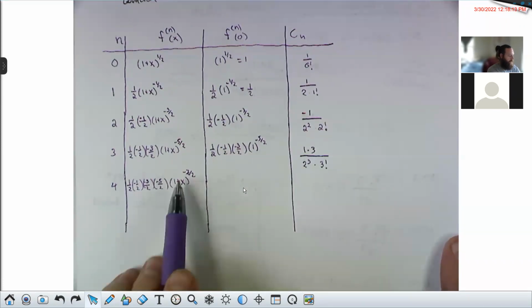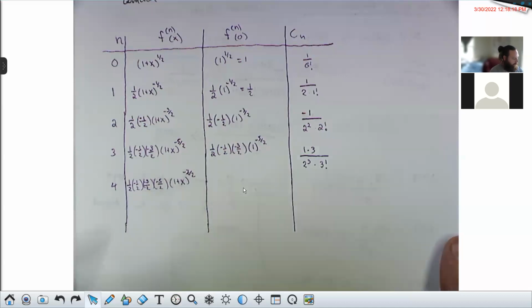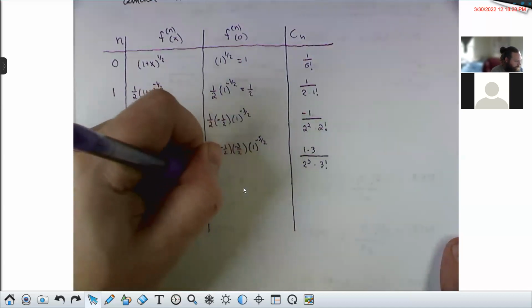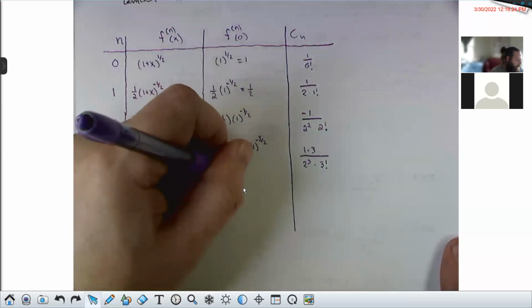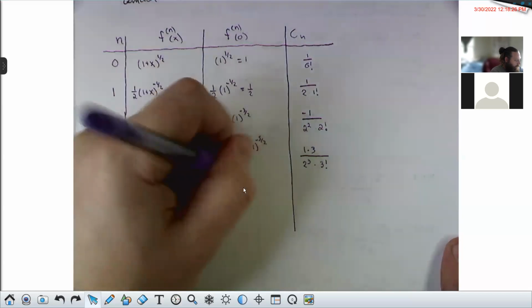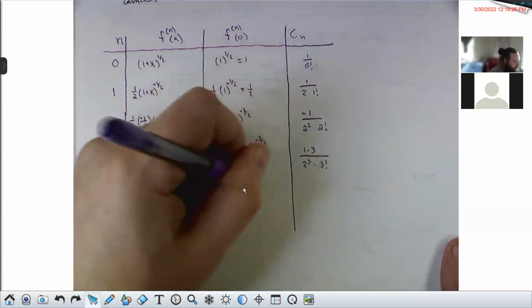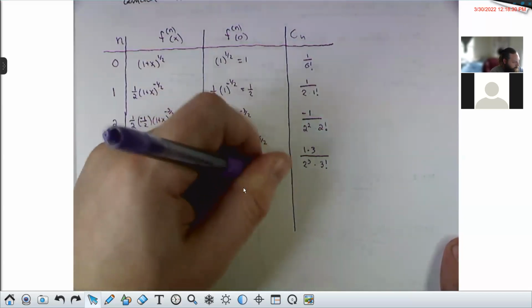Plugging in 0 for x, this piece just becomes 1. So I just have these numbers: 1/2, negative 1/2, negative 3/2, negative 5/2, and then I'll have the 1 to 7/2.